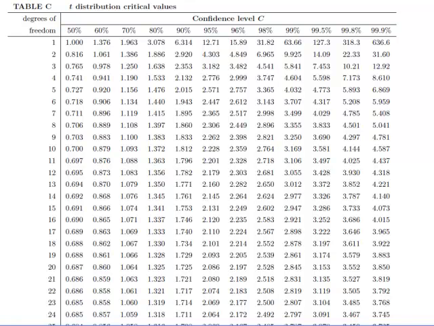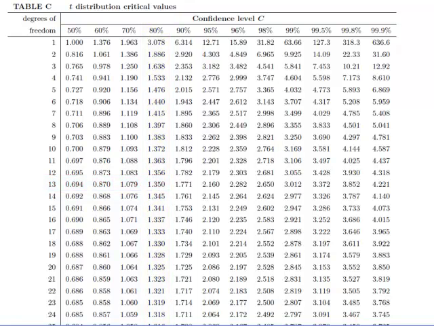So if I wanted an 80% confidence level, and I had, let's say, 14 in my sample, I'd have to first find the degrees of freedom, which would be n minus 1, or 13.